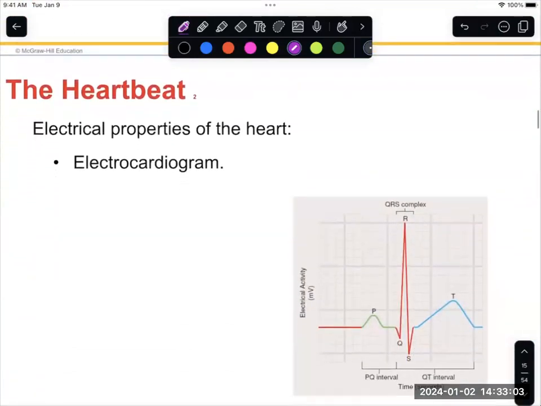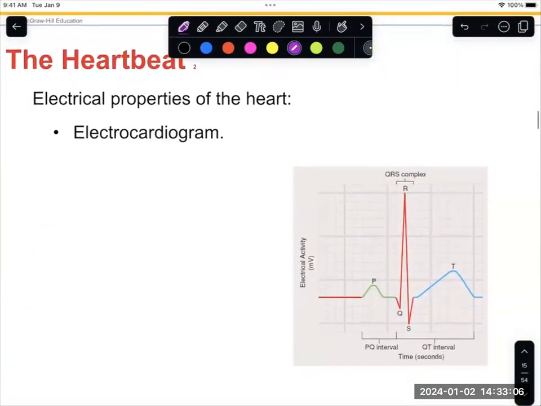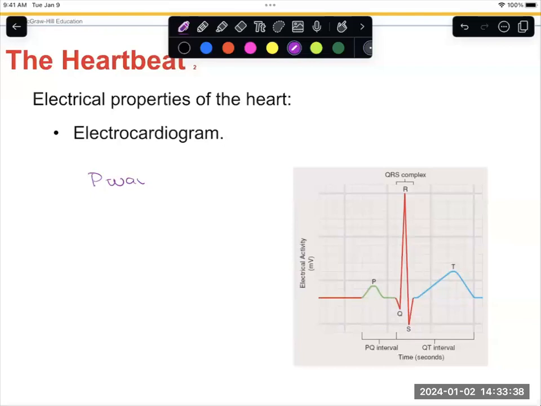So this electrocardiogram: we have different activities that are happening at each part of it. This is one full contraction cycle of the heart, both the lub and the dub parts. It's made up of different waves. We have the P wave, Q wave, R, S, and a T wave. The P wave is when the atria contract.